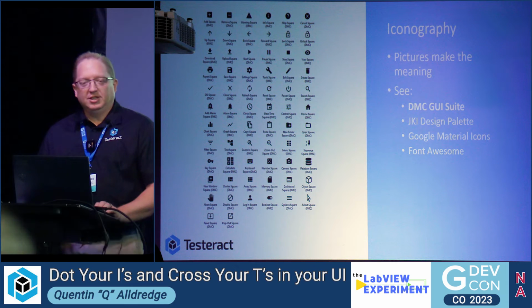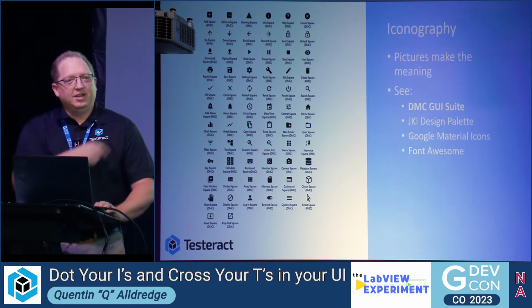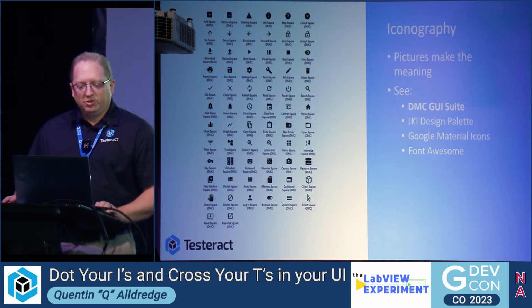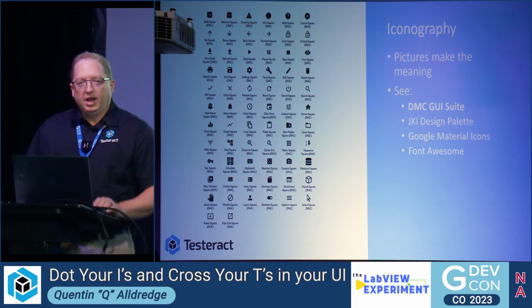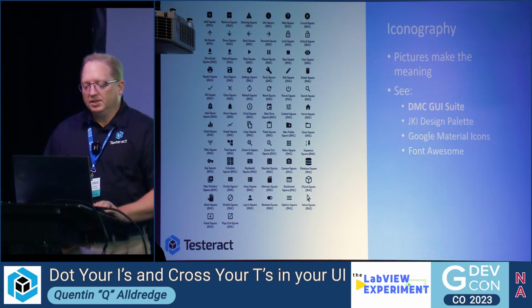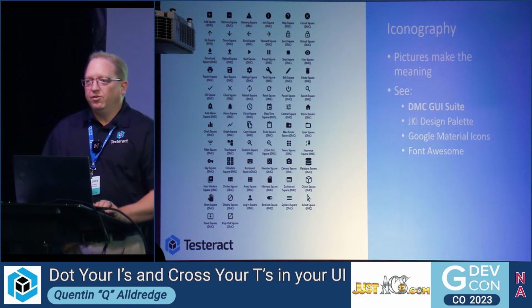But that's okay. The last part of the iconography is just exactly what you were asking me. These are the DMC ones. I'm showing the DMC palette right here. JKI has a design palette that has some really good ones in it. The Google material icons. There's also something called Font Awesome that people use on a lot of web pages.